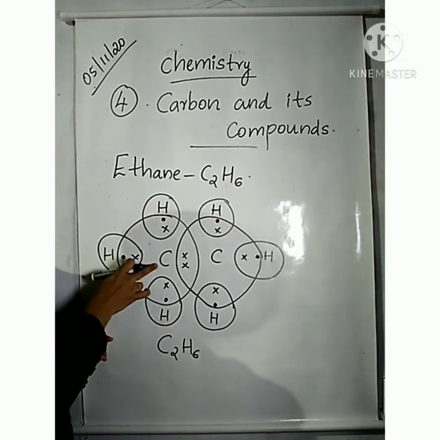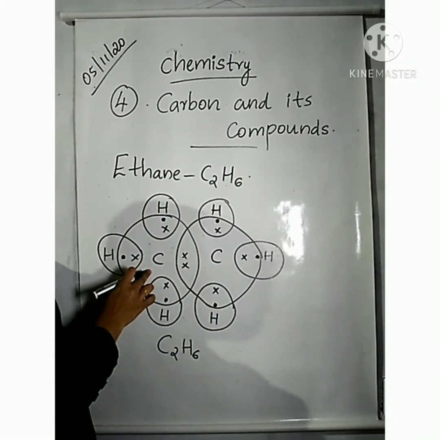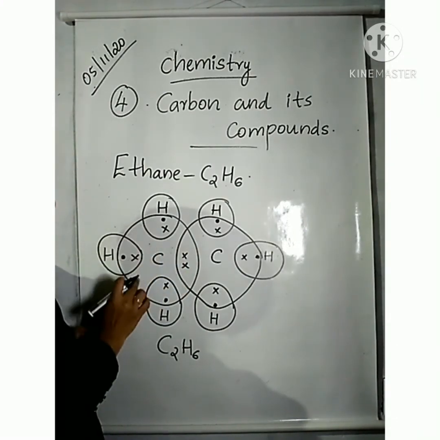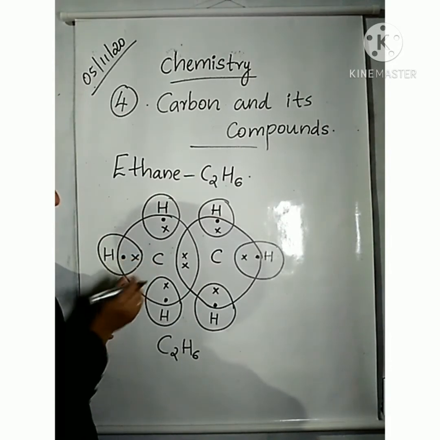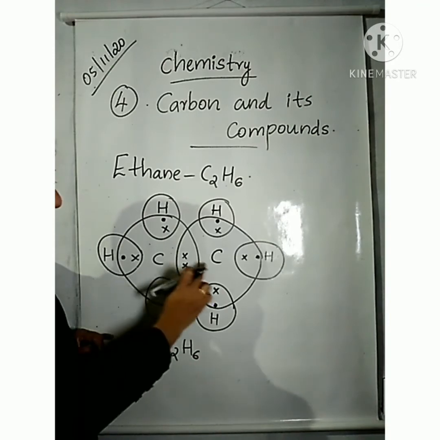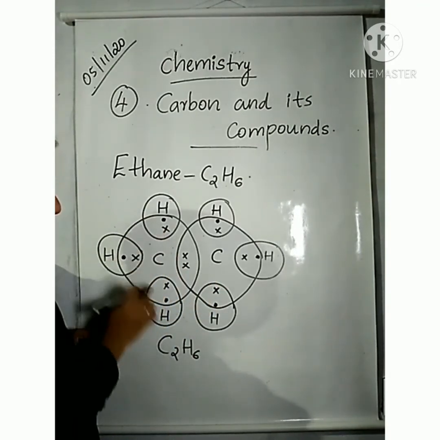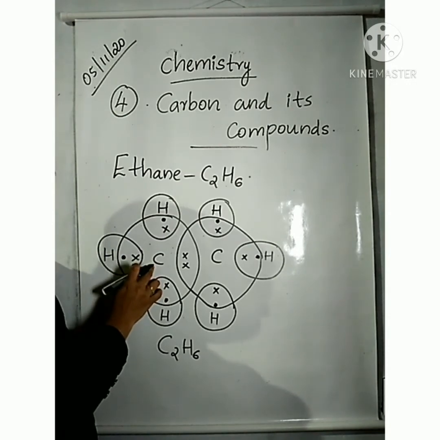Look here. This carbon atom attains its stability by sharing its valence electrons with 3 atoms of hydrogen and 1 atom of carbon. 2, 4, 6, 8. This atom attains its octet.